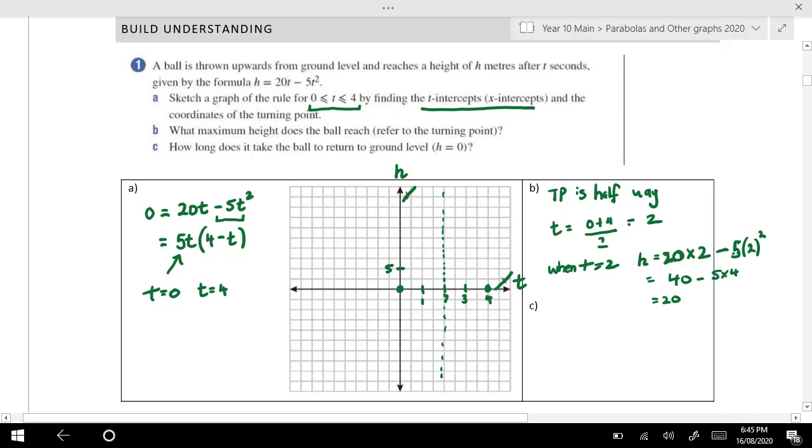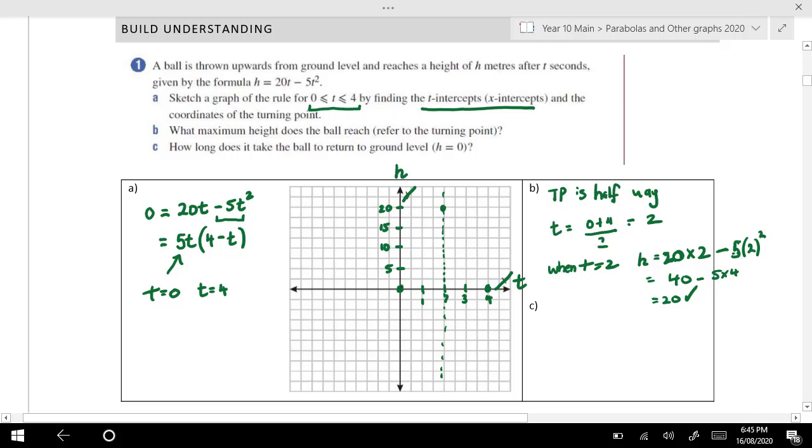So I've just substituted that value of t, t is equal to 2 in there, and then I've got 20. So let's go up 5, 10, 15, 20, like so. And as you can see, at time equals 2 seconds, it should reach a height of 20.